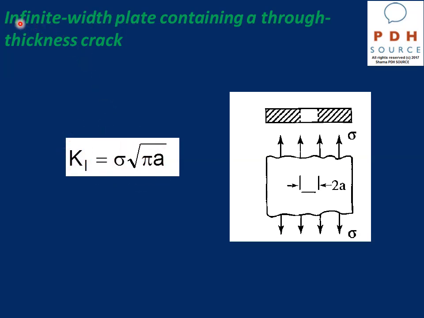Note that this is an infinite width plate, so the plate has here a crack length equal to 2a, and we apply tension stresses to the plate, so K1 is going to be equal to the applied stress multiplied by square root pi multiplied by half the length of the crack.